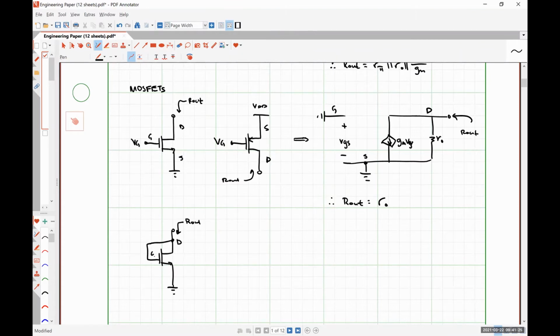So here's drain, gate, source. Source, gate, drain, looking in through here. And in both cases, PMOS and NMOS, we have something that looks like this.